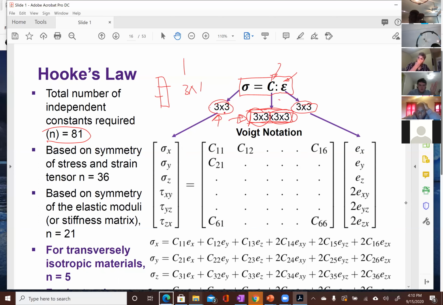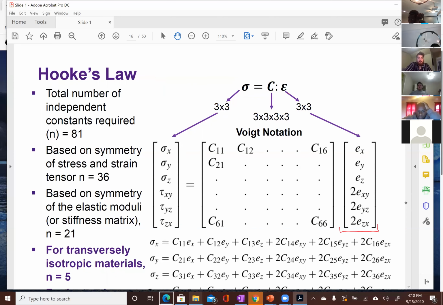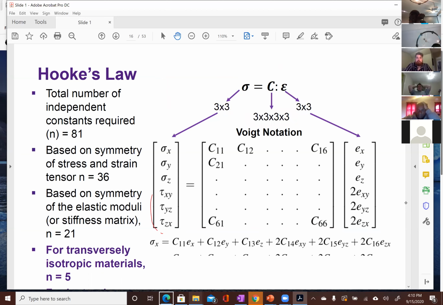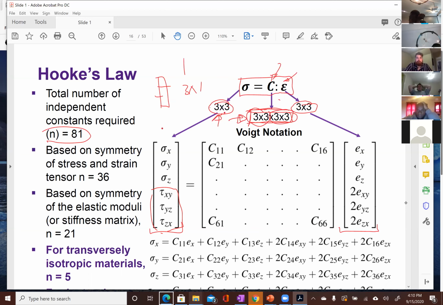But if you account for symmetry here, then you write this in the Voigt notation as 6 by 1. You do the same thing for your strain. So you've only written out the 6 useful parameters. The other 3 are repeated, right? So it's now 6 components instead of 9.